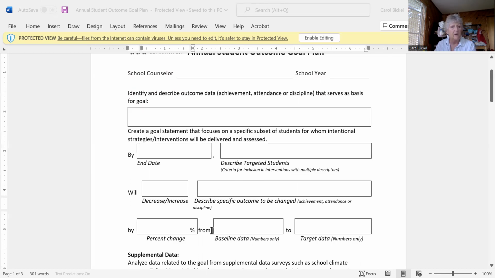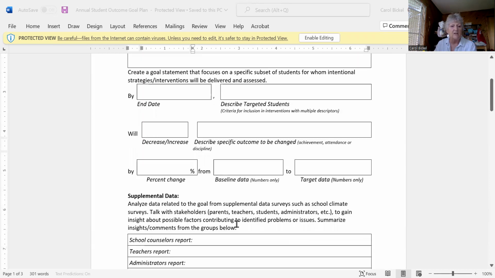So I'd say from 93 9th graders to, depending on which percentage you have, you would put then what that new number, the target data, is. Instead of 93, maybe it's going to be 80, or maybe even more challenging, 50. So that will depend on what your percentage is.